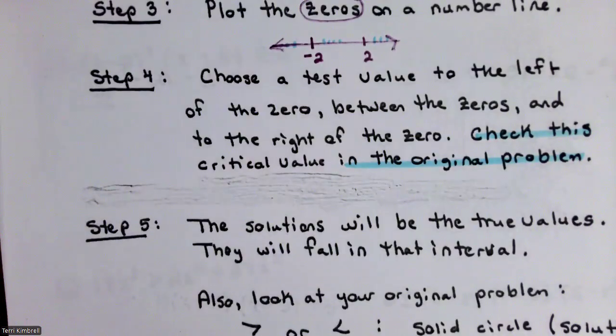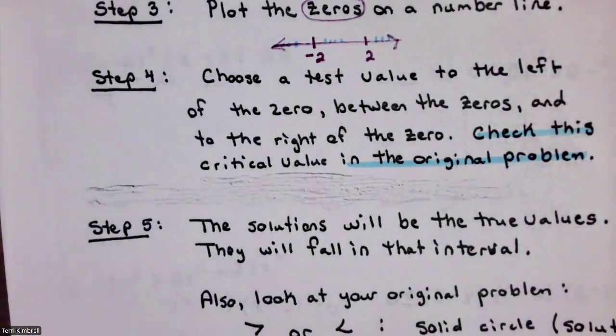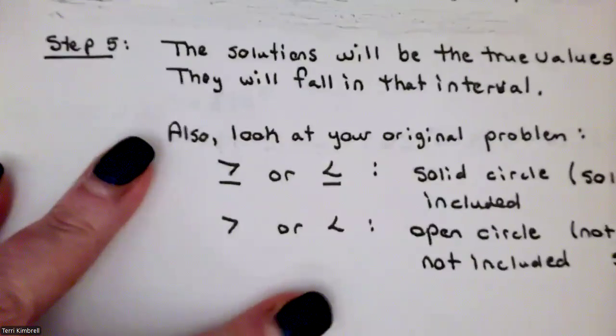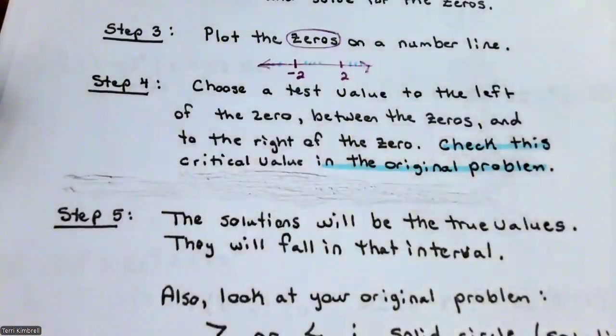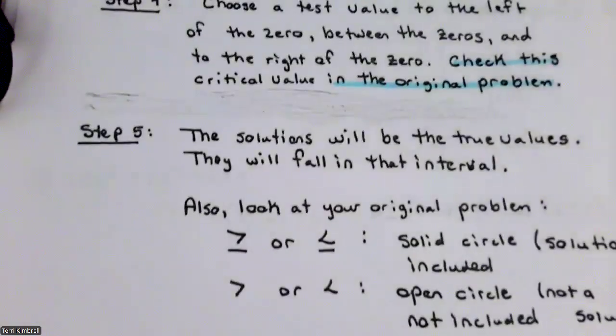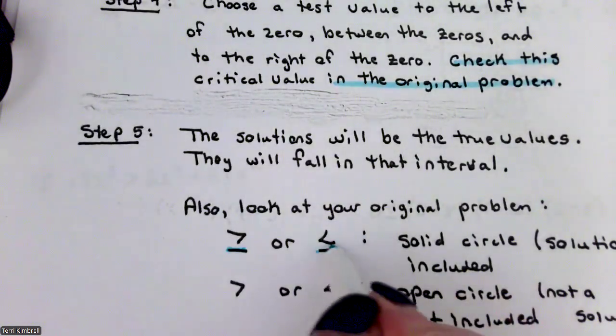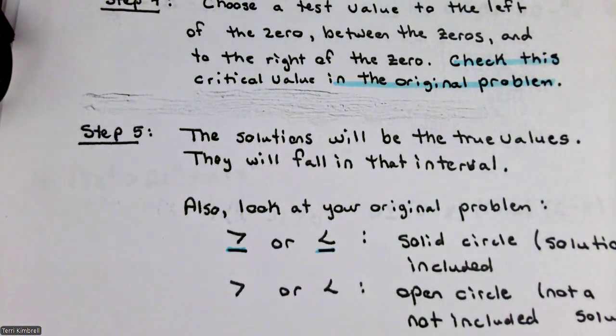The solution is going to be the true values. They will fall in the interval. Make sure you look at your original problem. If your original problem has the equal to symbol, then it is going to be included.